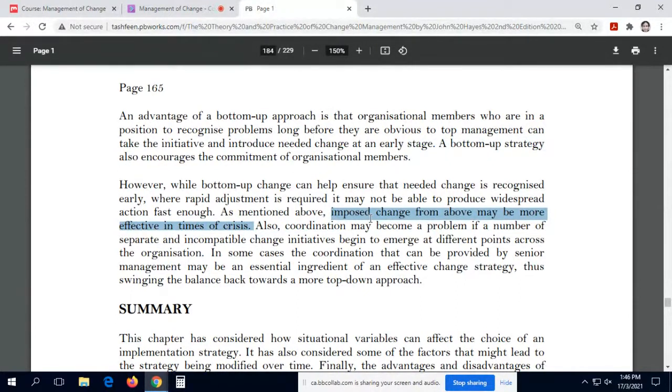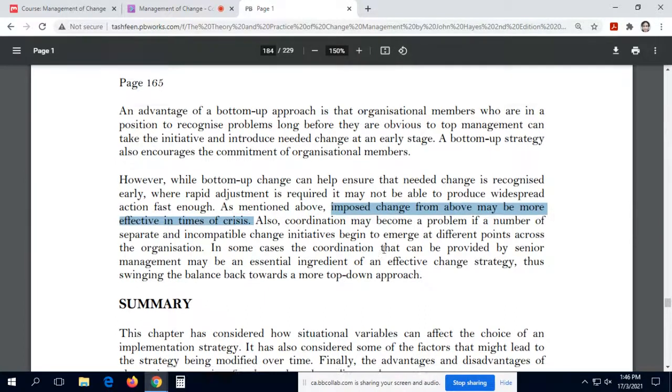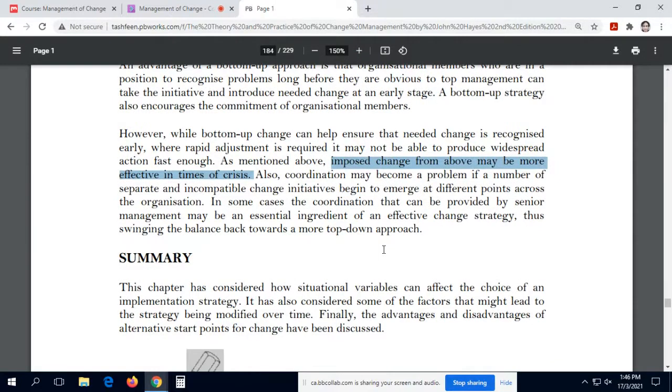Pay attention to this. Imposed change from above may be more effective in times of crisis. Yeah. Pay attention to this line. Imposed change from above may be more effective in times of crisis. Maybe like this, you can think about COVID-19. This is a pandemic. This is crisis time.